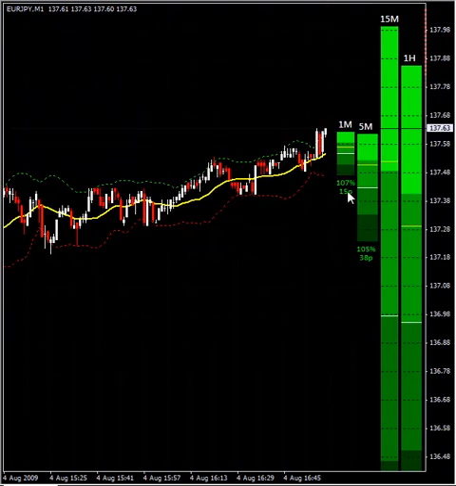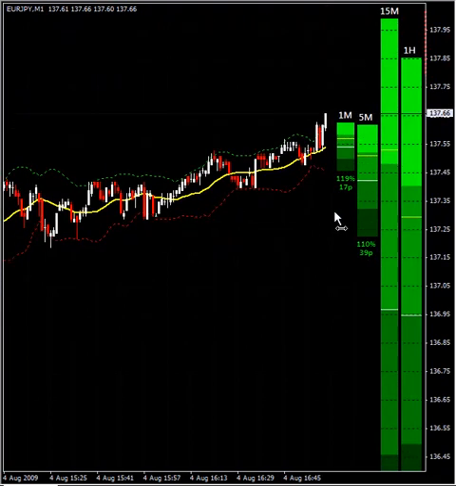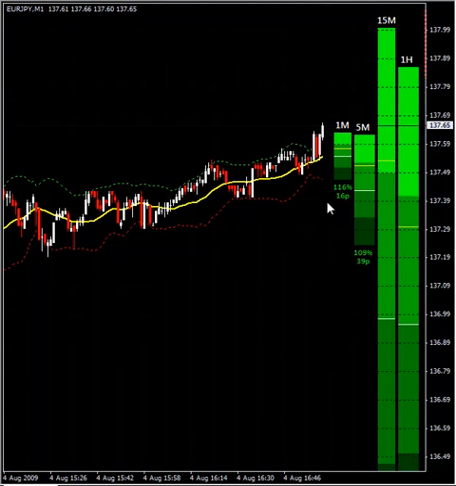So the second number that we have below each Bollinger Band gives us 2 pieces of information. The first one is the pip range, so how big is the difference between the upper Bollinger Band and the lower Bollinger Band.